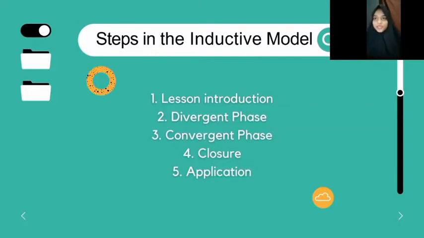And the last phase we call application. In application, as we know, many other models include an application phase. The purpose of this phase is twofold. The first one, we can demonstrate the knowledge that we gained, as well as apply it in novel ways or situations.